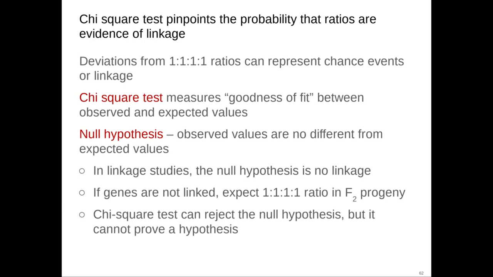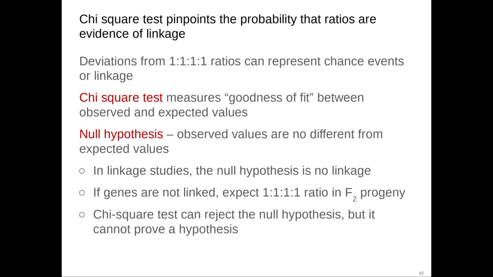Any deviation from that expected ratio can represent chance events or linkage. Now, this chi-square test measures what we call the goodness of fit between observed and expected values, which leads us to a concept that you've probably heard of, the null hypothesis, which is that the observed values are no different than expected values, right? That our observed values are going to be 1 to 1 to 1 to 1, and our expected values are also 1 to 1 to 1 to 1.